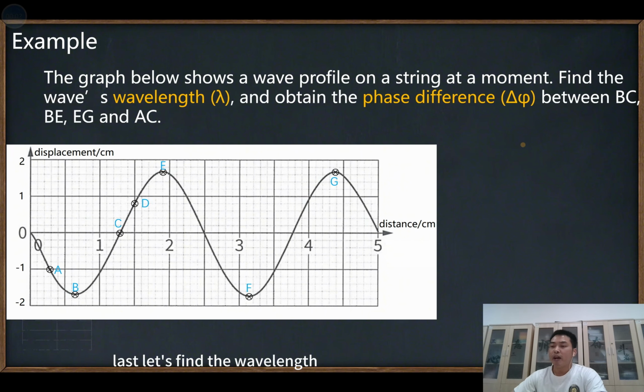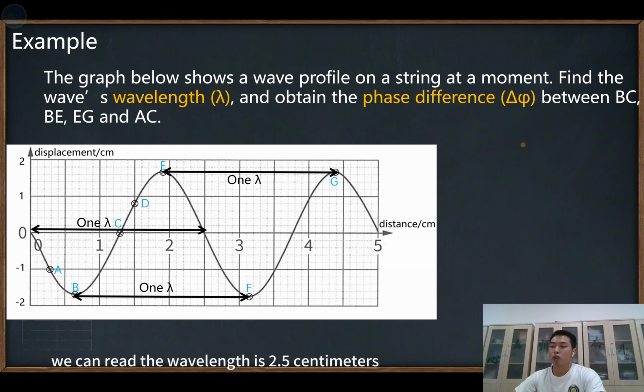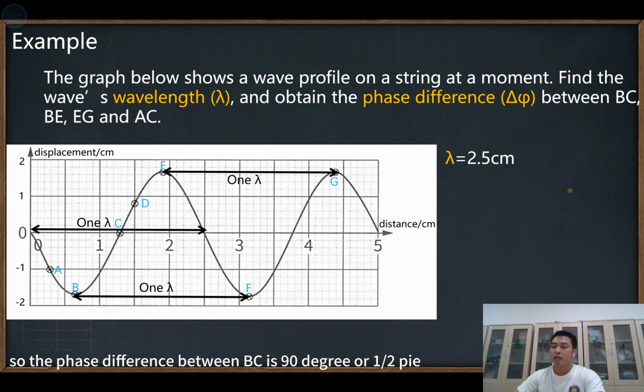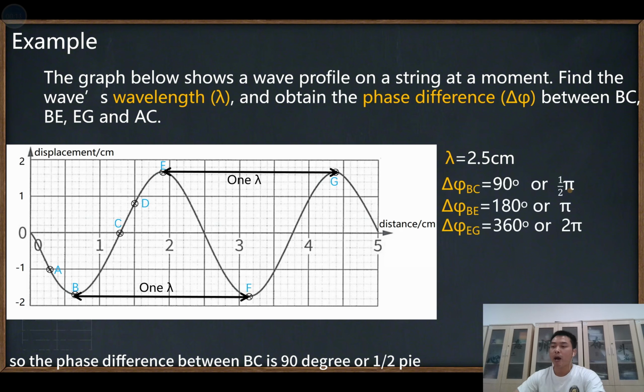Next, let's find the wavelength and obtain the phase difference between BC, BE, EG, and AC. For wavelength, let's use the distance between two adjacent peaks or between two adjacent troughs. As shown in the diagram, we can read the wavelength is 2.5 centimeters. And since the distance BC is a quarter of a wavelength or a quarter of a cycle, the phase difference between BC is 90 degrees or 1/2 pi.